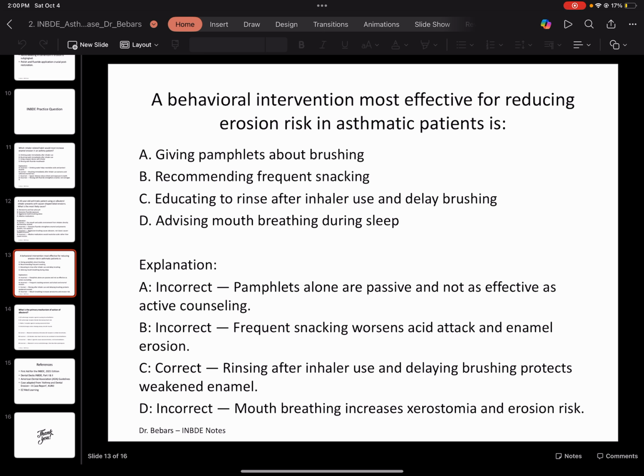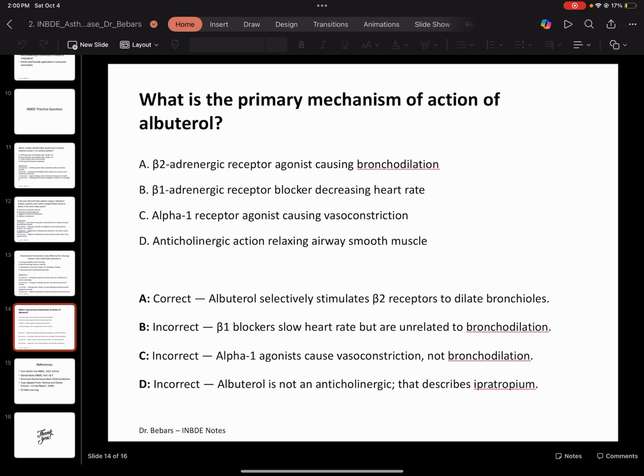Okay. A behavioral intervention most effective for reducing erosion risk in patients with asthma is going to be... okay. What is the primary mechanism of action of albuterol?